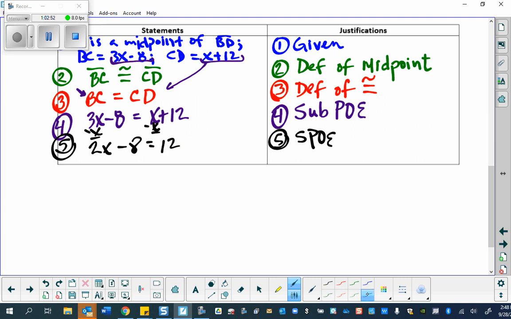What comes next? Call it out. If you wanted to do addition first by adding 8, you need to make sure it says addition property of equality. Yep. But Serena's right. She wants to say I wanted to add 8 first. So we'll say 2x is equal to 20. And that's going to be my addition property of equality.